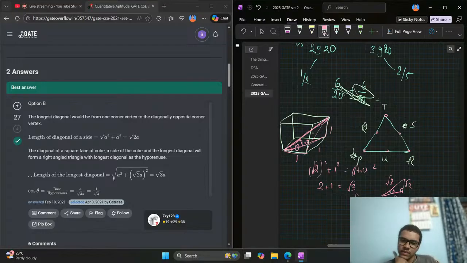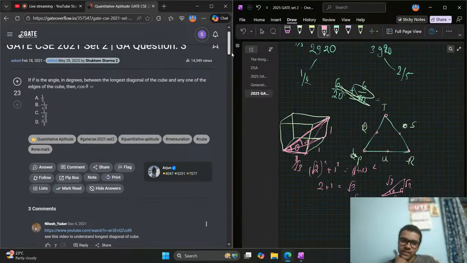That's good. And this is theta. So from this and this we need the angle. You don't care about this length that is adjacent. This is 1 by root 3. Okay, I see.